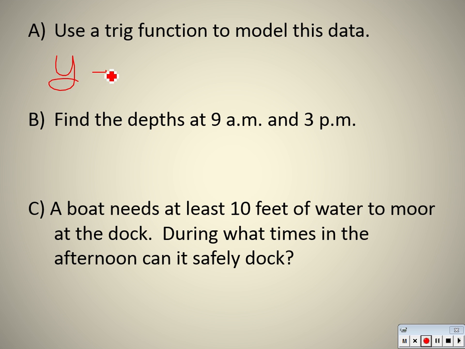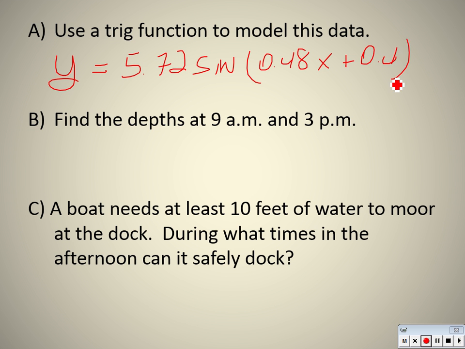So the equation is going to be y equals 5.72 sine of parentheses 0.48x plus 0.4, that's a 4 there, plus 5.62. So that's roughly the trig function that models this data.